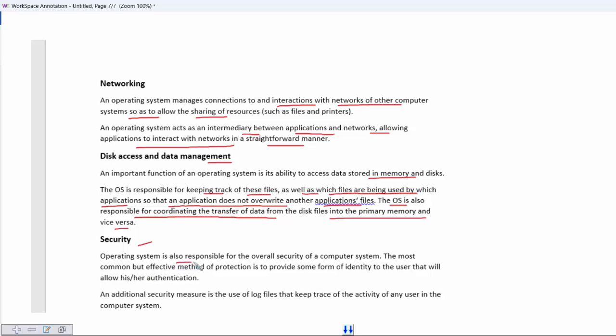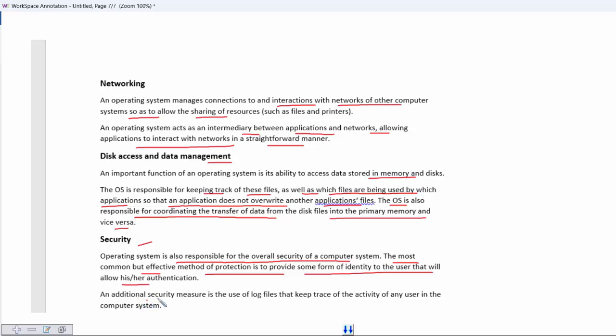The next function is security. Operating system is also responsible for the overall security of the computer system. The most common but effective method of protection is to provide some form of identity to users that allows their authentication, and most often we use the username and password that has been provided. However, other methods of authentication may be used, such as a magnetic disk or biometric data, such as fingerprint or iris.